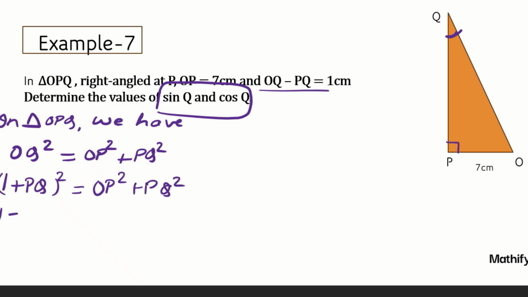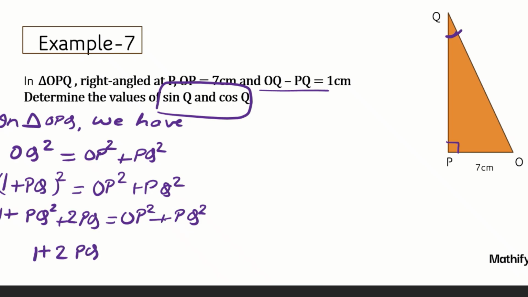When we expand this, what do we get? 1 plus PQ square plus 2PQ is equal to OP square plus PQ square. This PQ square and this PQ square cancel out. What we get: 1 plus 2PQ is equal to OP square, and OP square is nothing but 7 square.